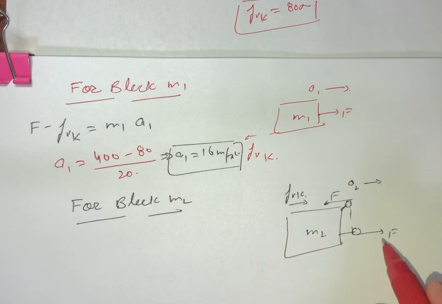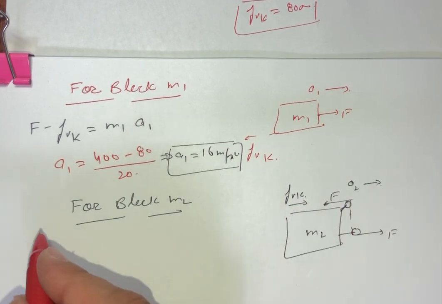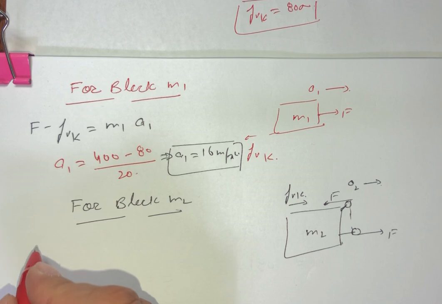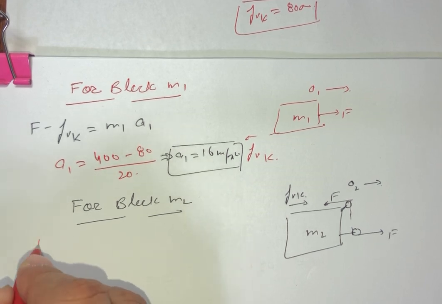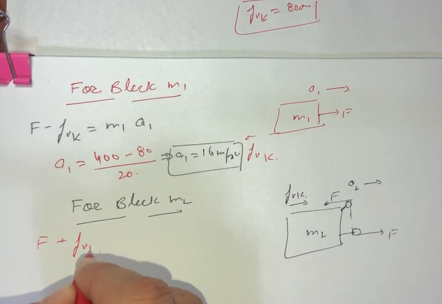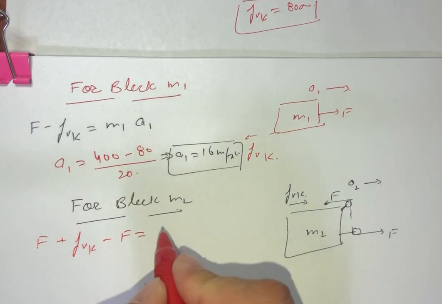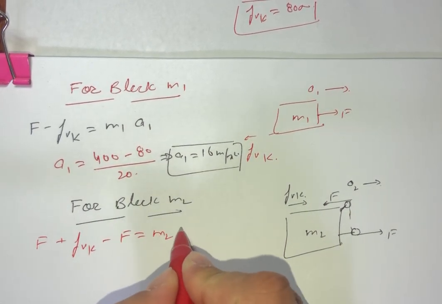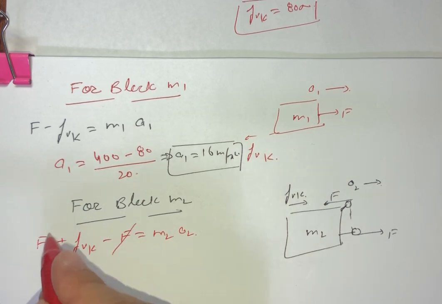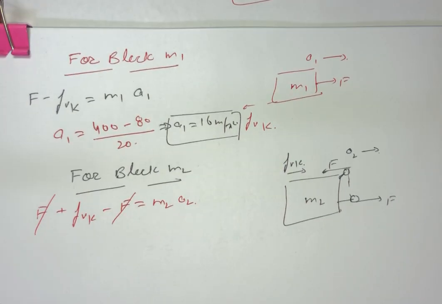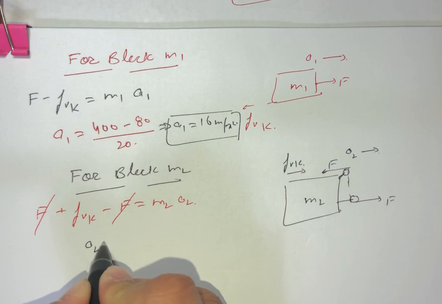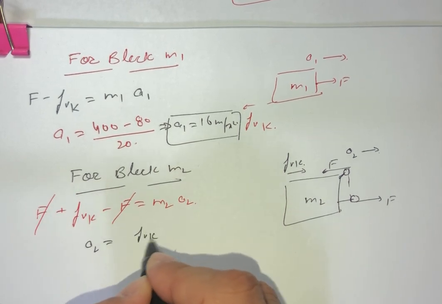So we get F plus Frk minus F is equal to m2 a2. F and F cancel out, so a2 is equal to Frk divided by m2.